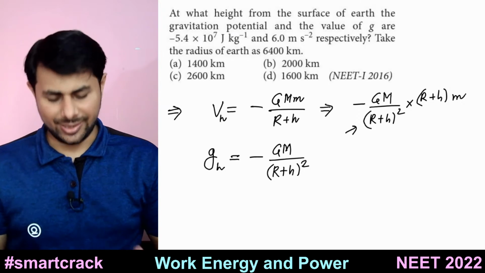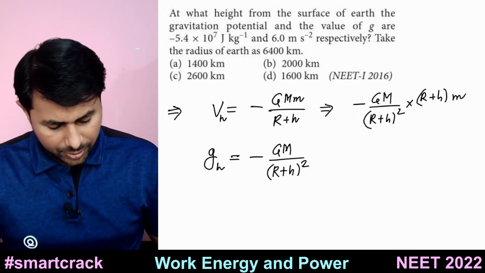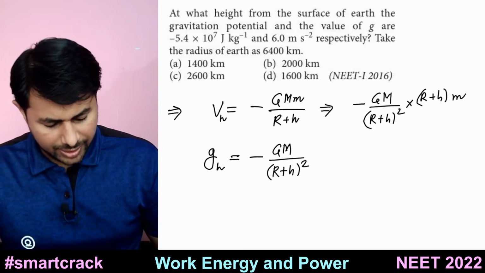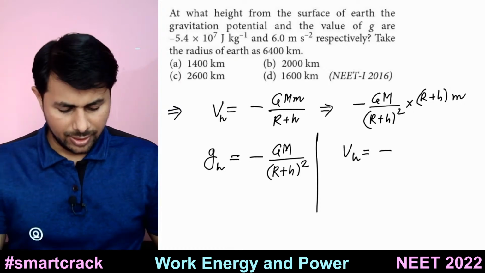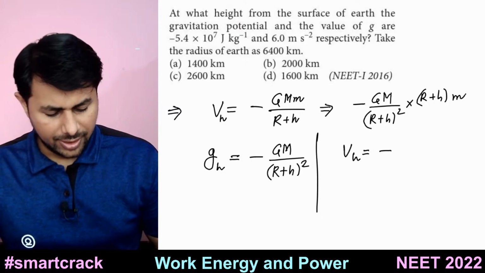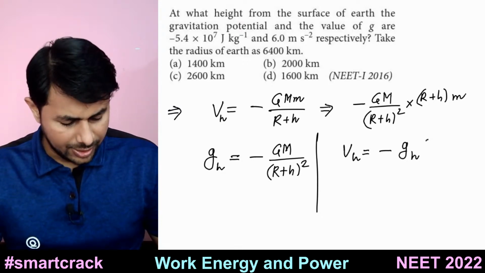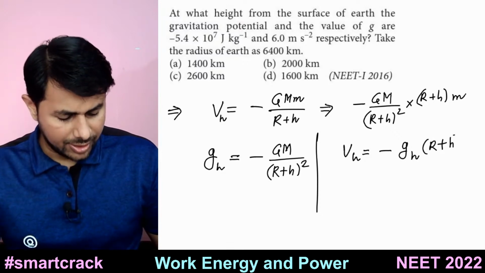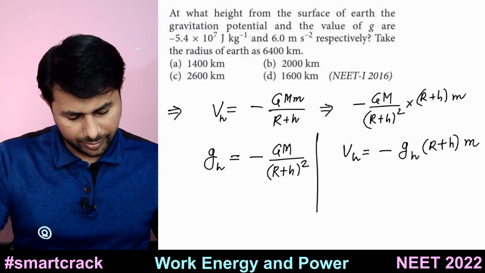I want to relate acceleration due to gravity and gravitational potential. So what do I get? V at height h is equal to minus of, okay, this is also negative, so that minus sign will get cancelled. Minus GM over r square is g at height h. So we have in multiplication r plus h multiplied by mass of the body. Okay.